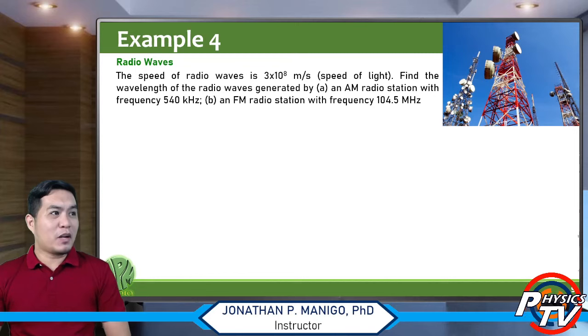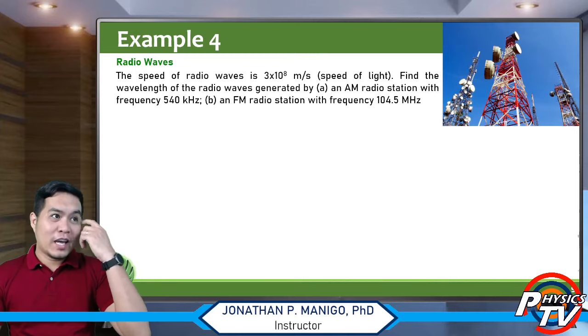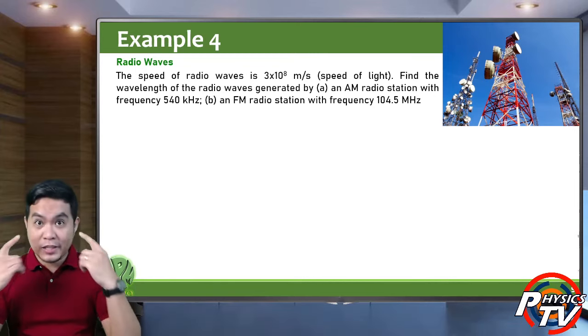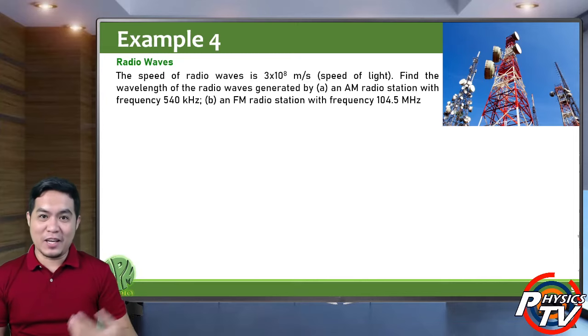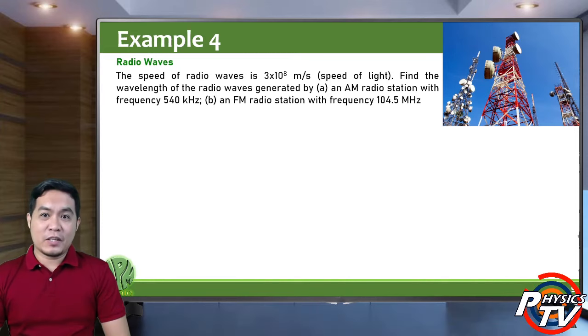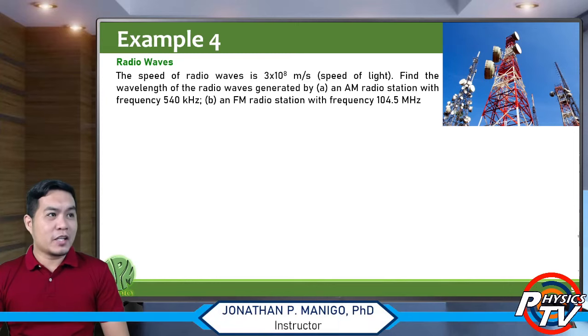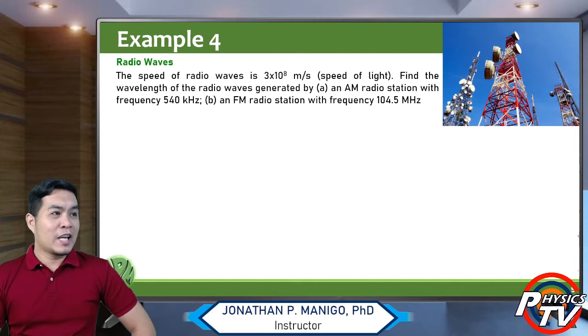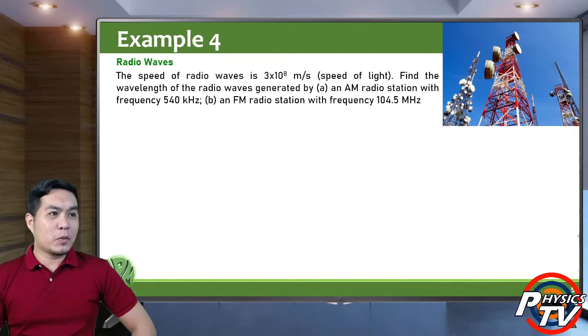Since they are basically invisible light, they still have the same speed as the speed of light, which is 3 times 10 to the 8 meters per second. Find the wavelength of radio waves generated by an AM radio station with a frequency of 540 kilohertz and an FM radio station with a frequency of 104.5 megahertz.